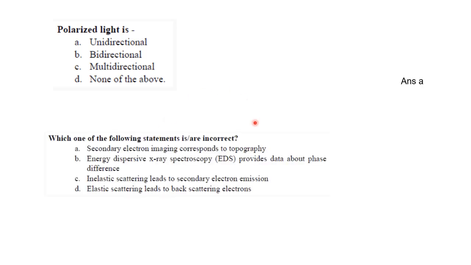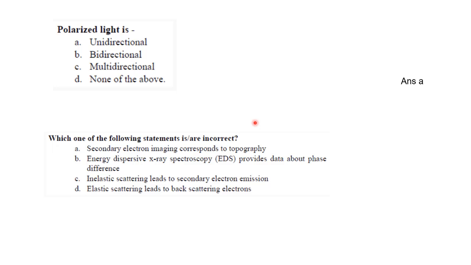Then the second one: which one of the following statements is incorrect? Secondary electron imaging corresponds to topography. Energy dispersive X-ray spectroscopy provides data about phase difference. Inelastic scattering leads to secondary electron emission. Elastic scattering leads to backscattered electrons.